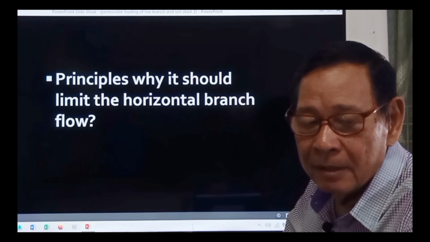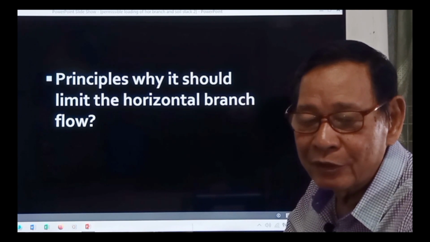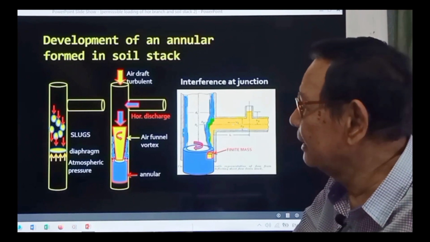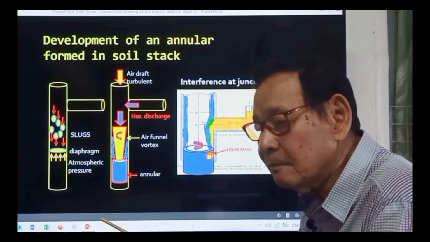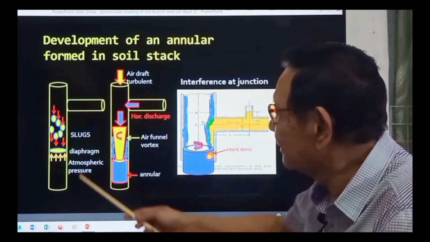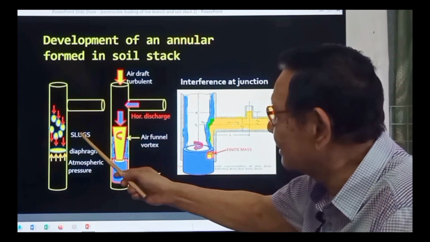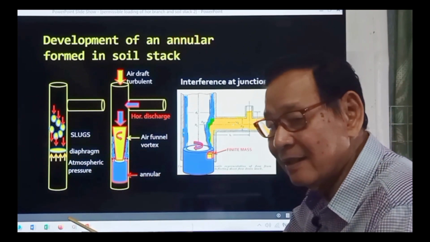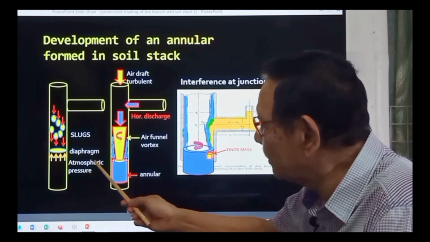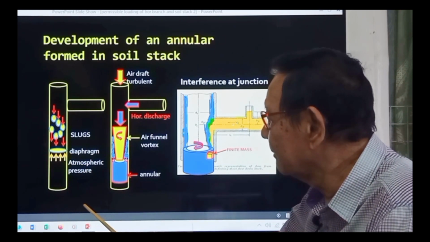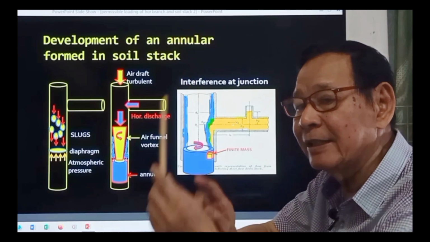So, the principles why it should limit the horizontal branch flow, okay, ganito yan. If this is the stock, yung mga tulo lang, bagsak-bagsak na tawag ng slugs, and at the bottom, it will form as a diaphragm, being pushed up by an atmospheric pressure.